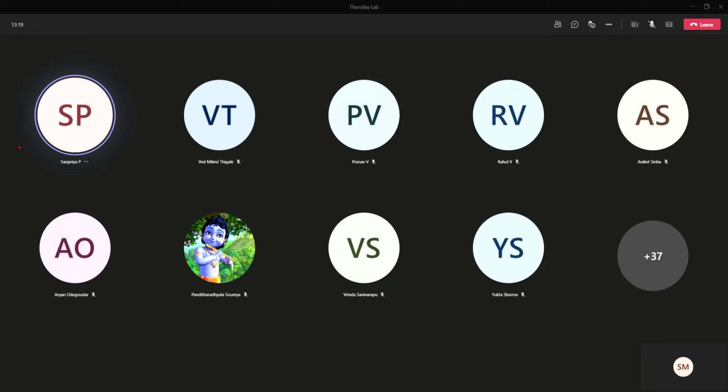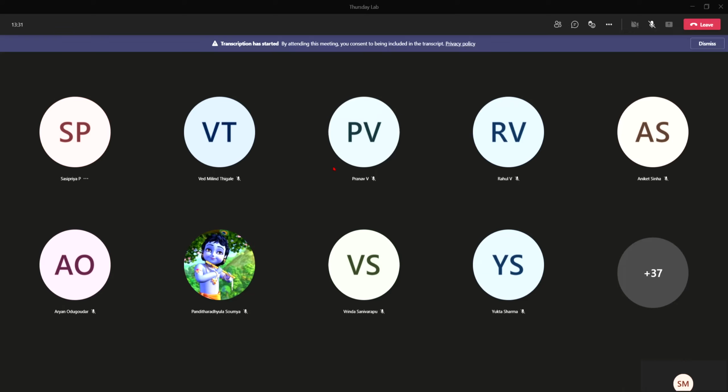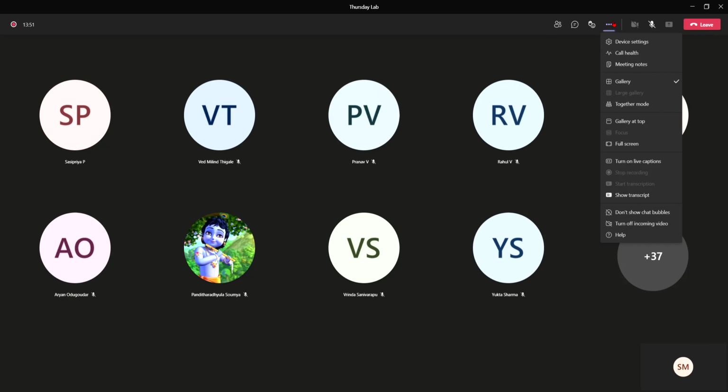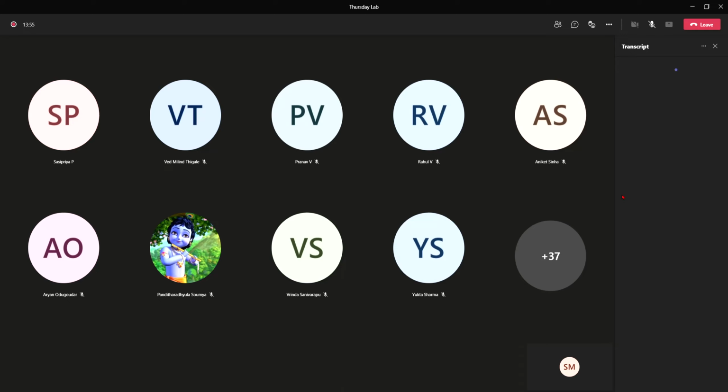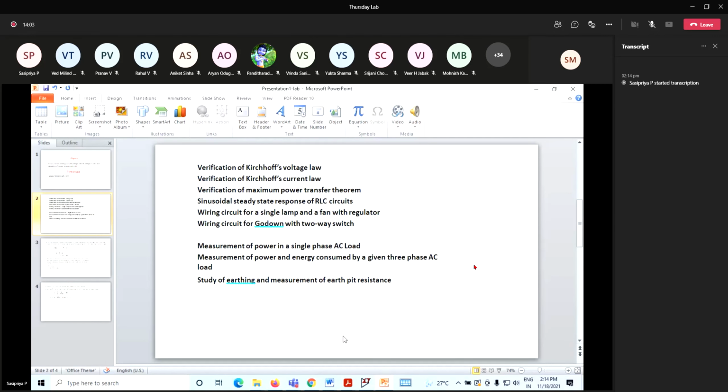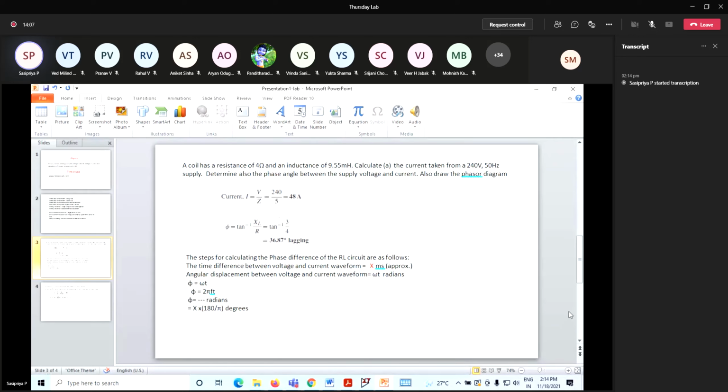Okay, so let me start the session. Today's experiment is the steady state response, or sinusoidal response, of series RL and RC circuits.